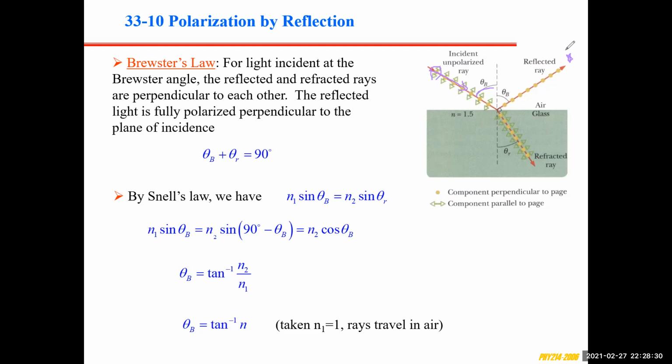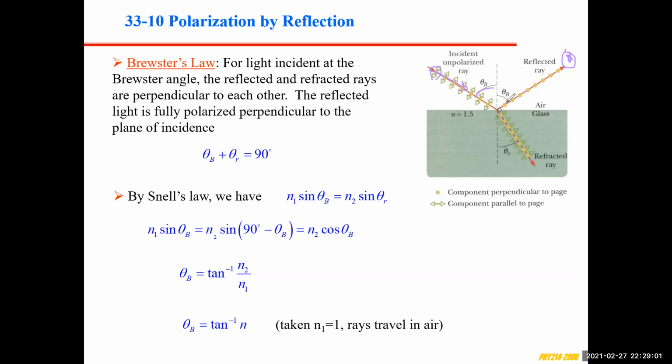Okay, so the reflected ray will be polarized if the angle of incidence is what we call theta b here, and the refracted ray is still unpolarized. Okay, and we found that the angle of refraction and the angle of incidence obey a certain relationship between them. This angle is called the Brewster's angle.